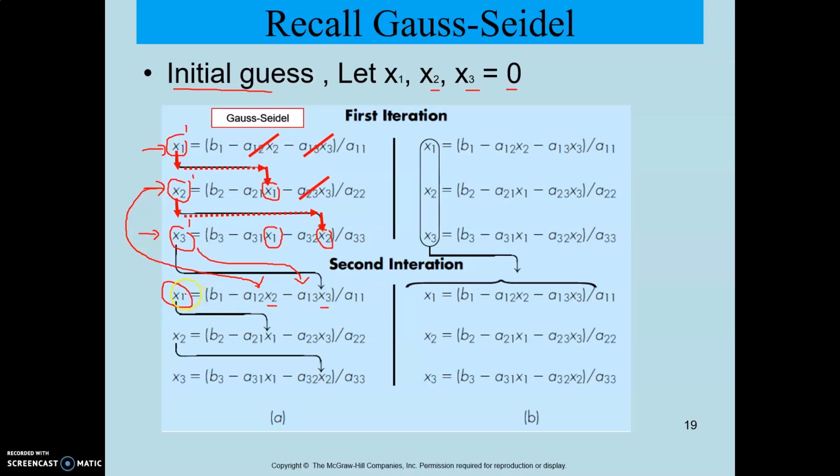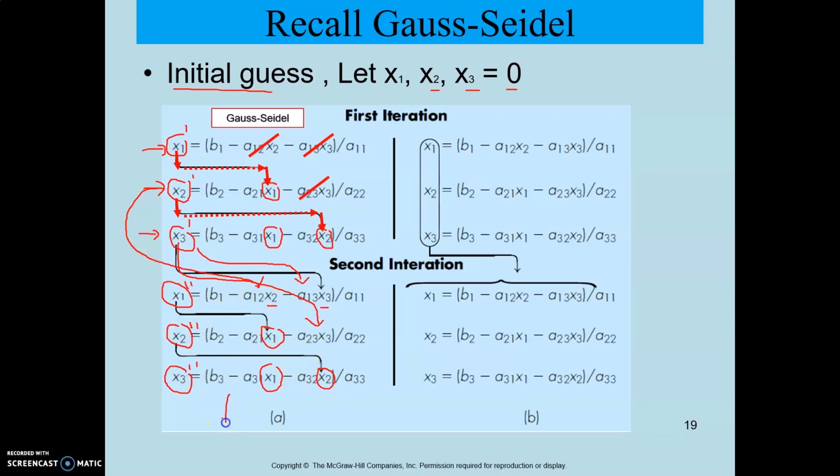After that, you substitute your x1 into the next equation. The x3 can be found from the previous iteration here. Then you can compute the x2, and you substitute the x2 into the next equation. Then you can compute the x3. So this is the result for the second iteration.